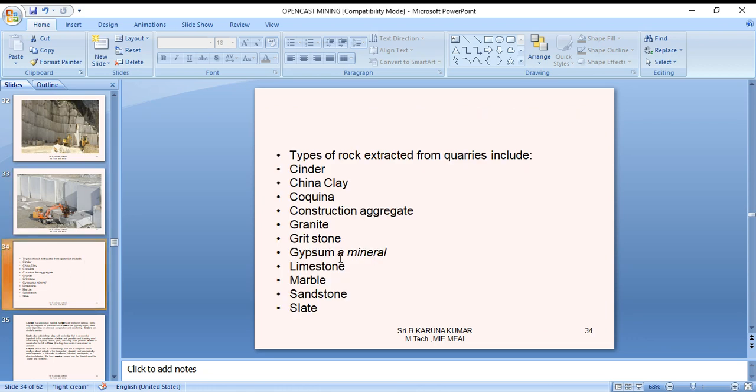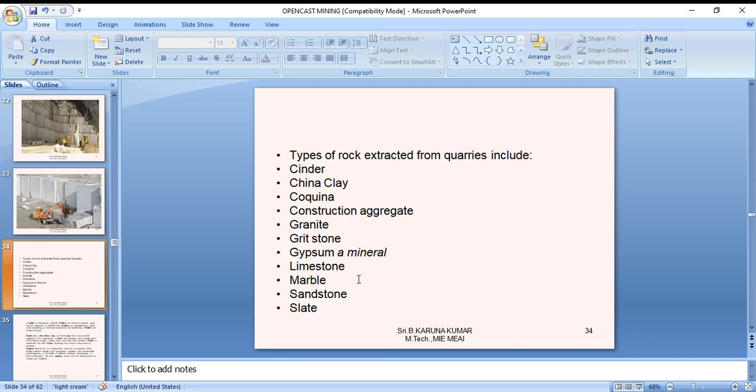The types of rock extracted from the quarries include cinder, china clay, cockle shell, construction aggregate, granite, gritstone, gypsum mineral, limestone, marble, sandstone, slate.